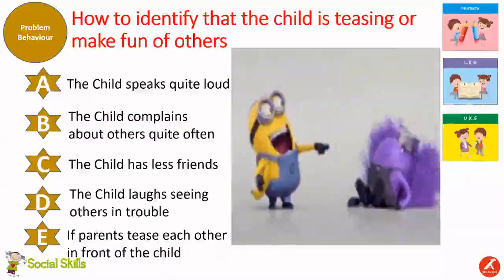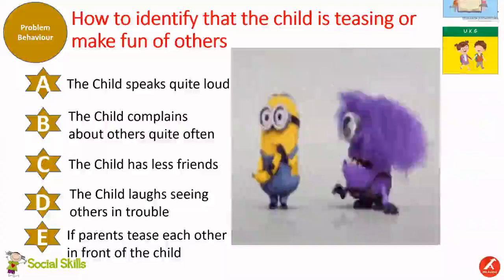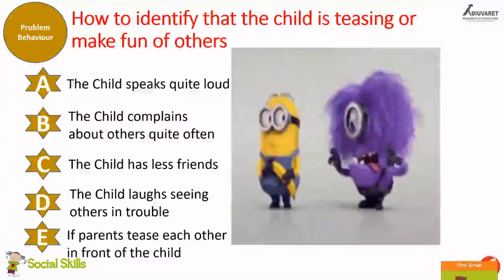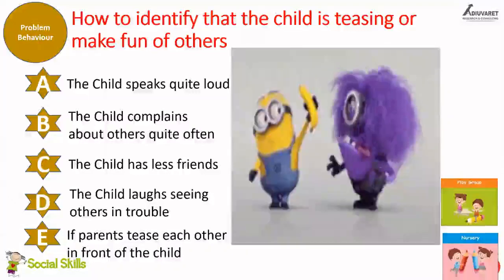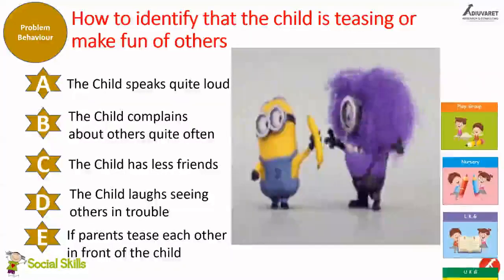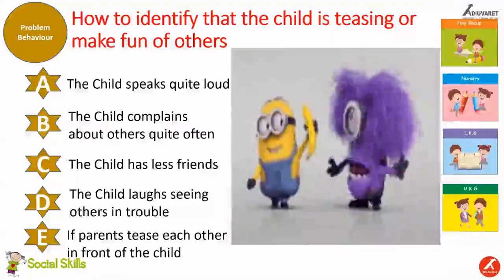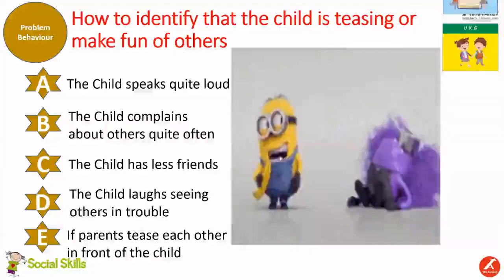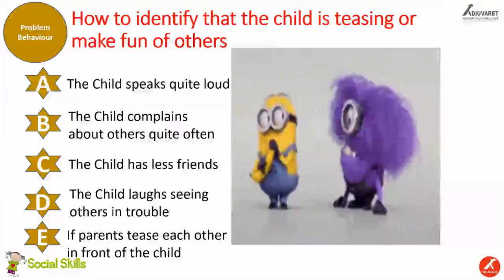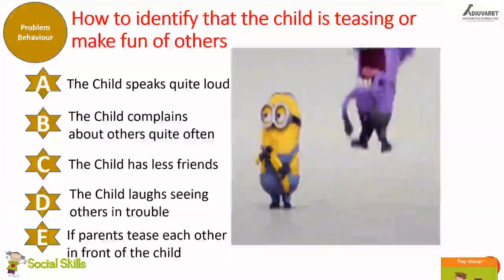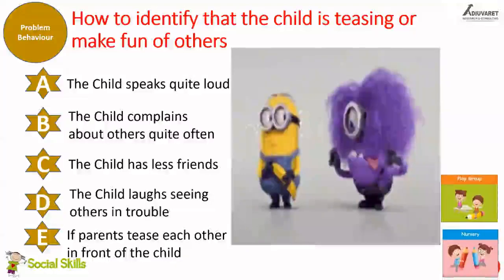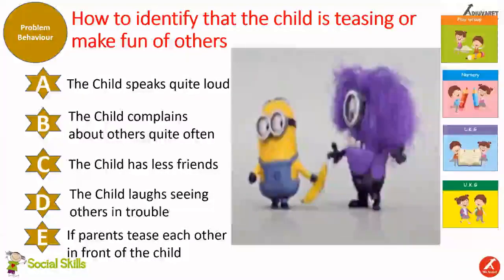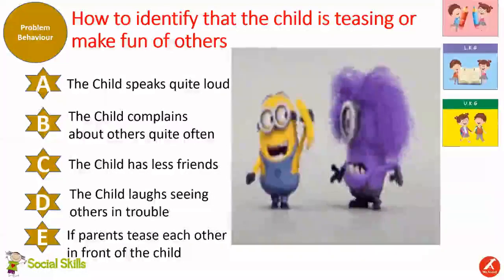We know that when a child gets exposed to different experiences, that becomes the reality for the child. If the child sees that somebody at home or in the proximity environment is teasing each other, then the child most likely will develop such behavior, and such teasing or making fun of others will reflect in the child's very close proximity.